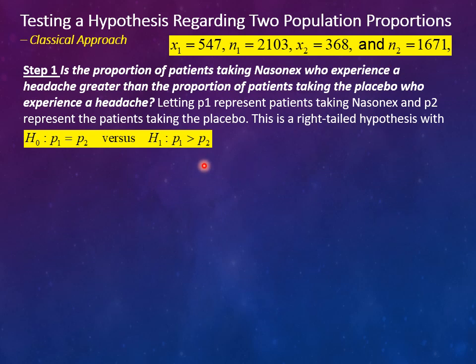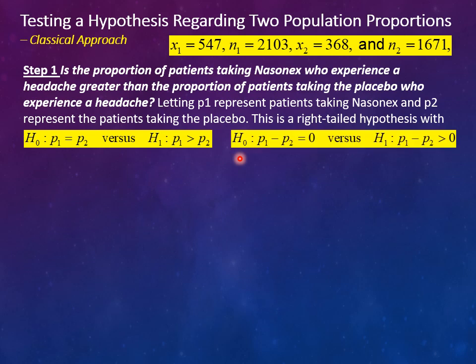But our alternative hypothesis is those taking Nasonex actually experience more headaches than those taking the placebo, and so that would be p1 greater than p2. Notice we could also state this as p1 minus p2 equals 0, or p1 minus p2 is greater than 0.